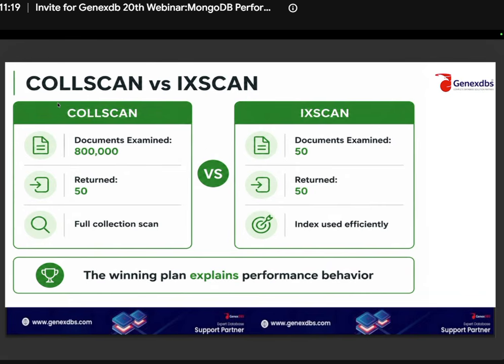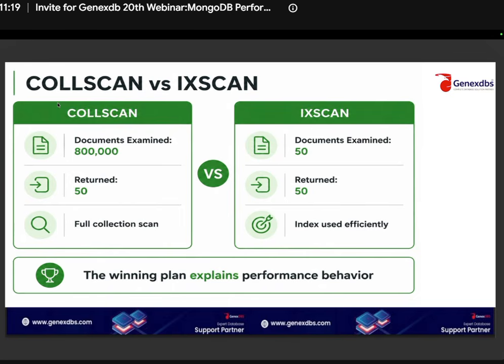We have to optimize this issue by creating an index using the createIndex command, and then MongoDB scans only the required documents based on that index, so documents examined will be 50 and documents returned will also be 50. In this way we optimize this issue. So the winning plan, whether it is COLLSCAN or IXSCAN, explains the performance behavior.